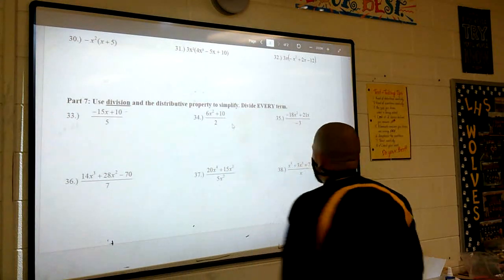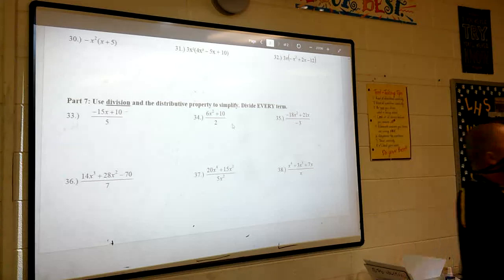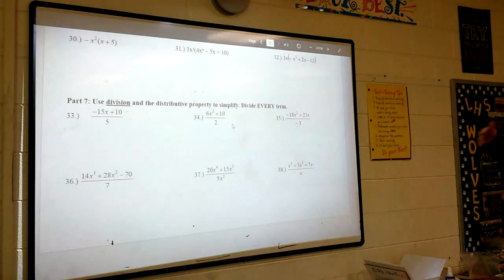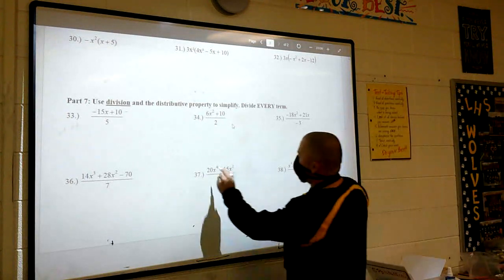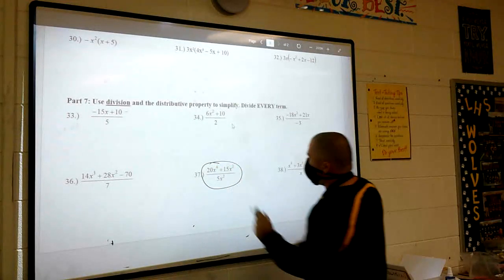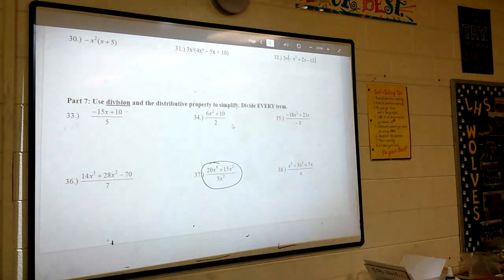So using division to simplify, I'll take a problem like number 37. Okay, so if you take number 37, you see 20x to the fourth plus 15x squared over 5x squared. You look at all three terms and you say, what can I divide out of?